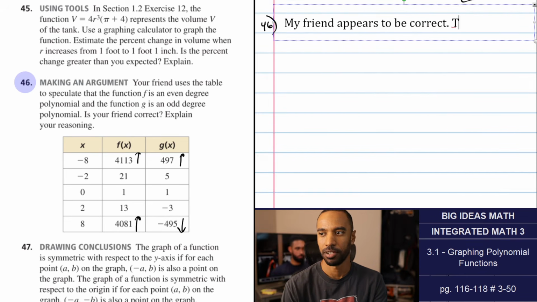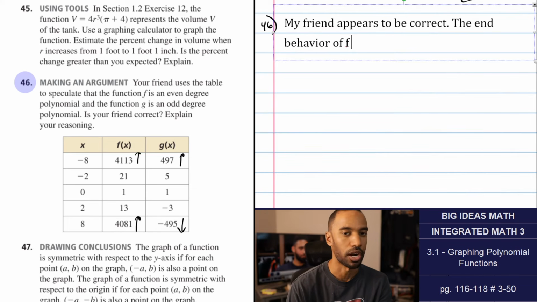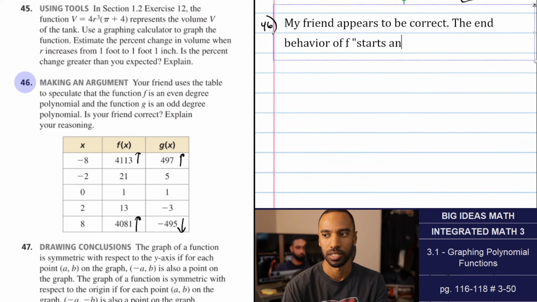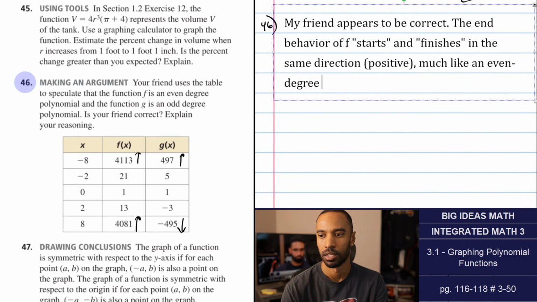The end behavior of f starts and finishes, and when I say starts and finishes, I mean from the left side and the right side, in the same direction, positive, much like an even degree polynomial would behave.